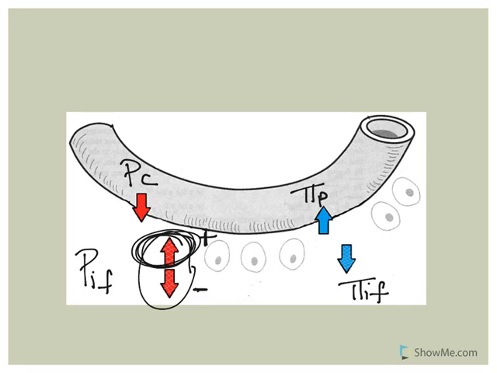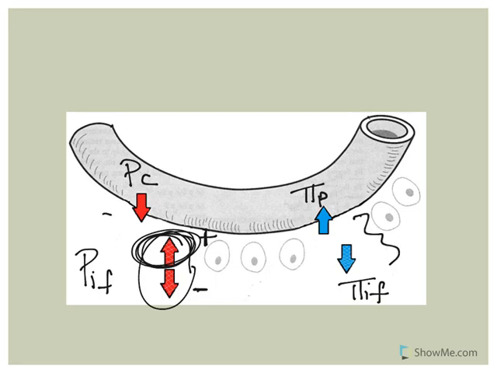So if there's an imbalance in these different forces, there's this thing called edema that can happen. Edema is where you have accumulation of excess fluid in body fluid compartments. So in this scenario, we have an increase in fluid in the interstitial space.